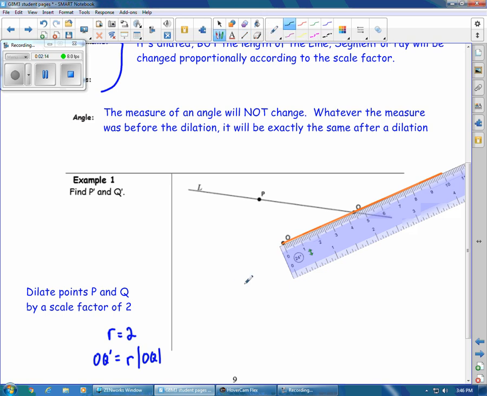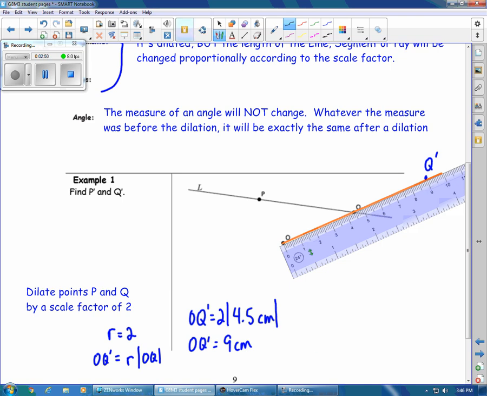So I'm going to say OQ prime is going to be equal to r, which is 2, times my original length from O to Q. It looks like I'm right at about 4.5 centimeters. So 2 times 4.5 is 9. So OQ prime is going to be equal to 9 centimeters. Make a dot at 9, and I'm going to call it Q prime.